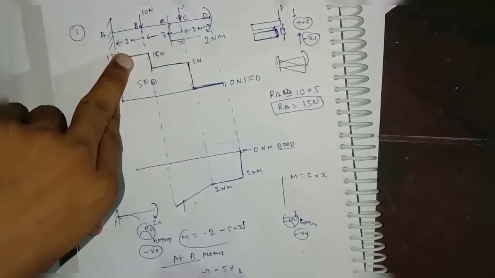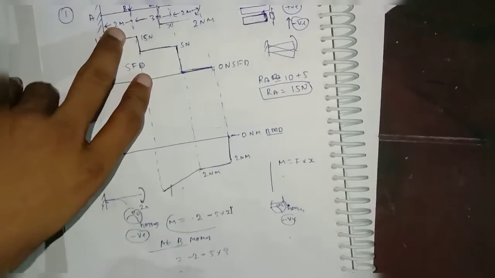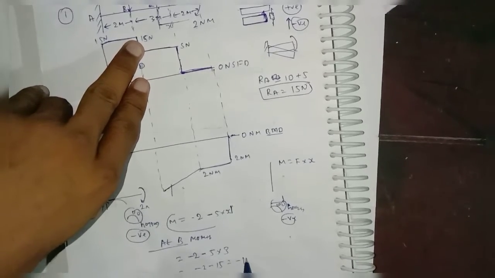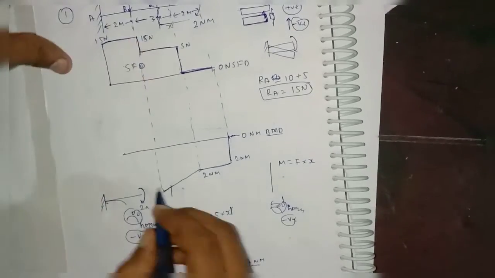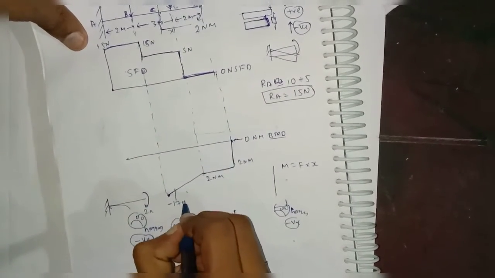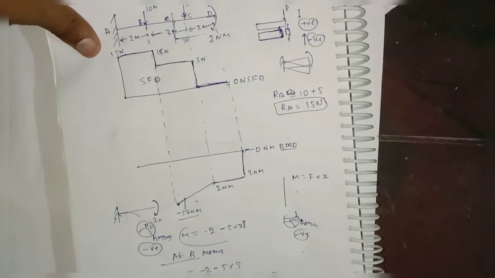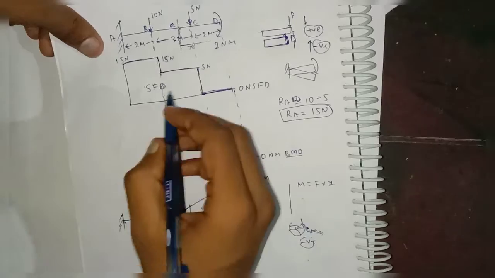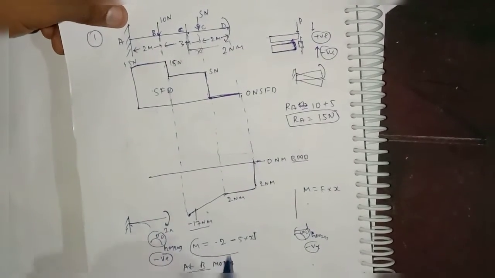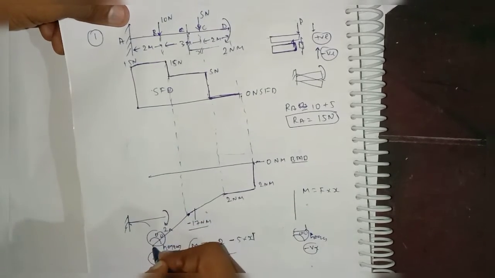So 3, okay, so minus 2 minus 15, so minus 17 Newton meter. So at this point we are getting moment minus 17 Newton meter, okay. Next, same for this 10 Newton also, it will come the same curve, linear only.